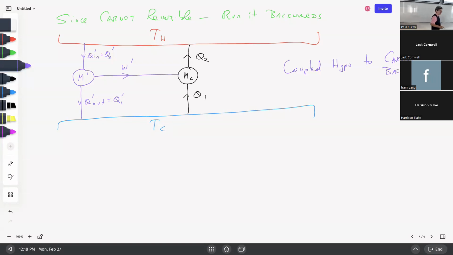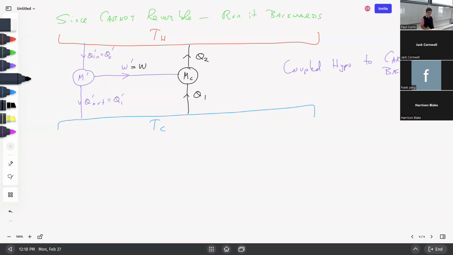So what I'm doing is I'm using hypo to take heat out of the hot bath, do some work, transfer some to the cold bath, but then I'm using Carnot to suck heat out of the cold bath, transfer it to the hot bath using the work that's coming from hypo. So this will drive Carnot. Those two works will have to be the same.